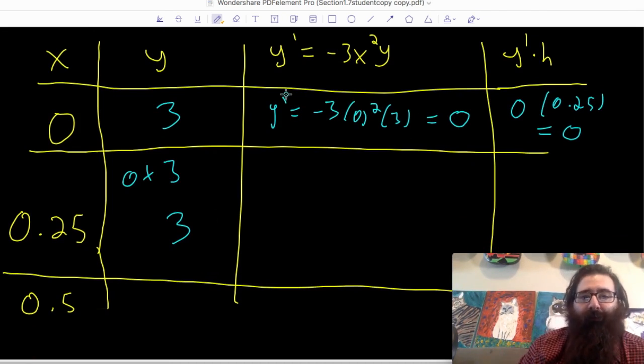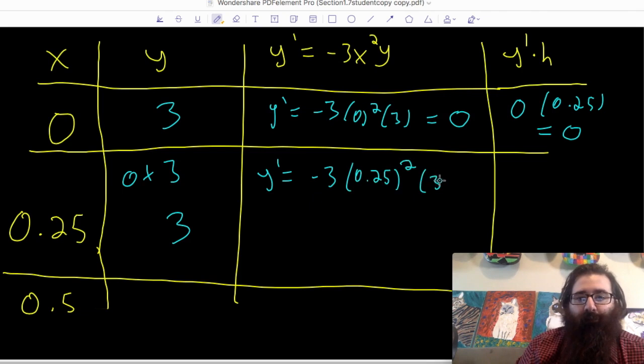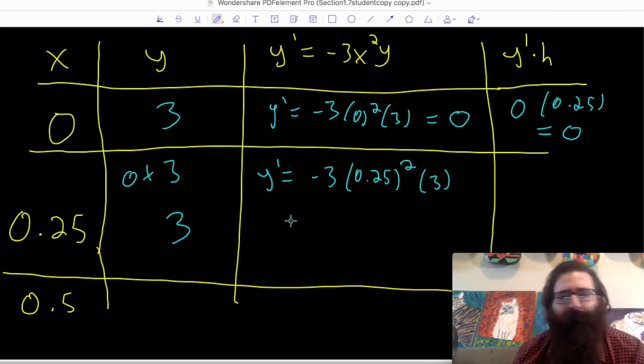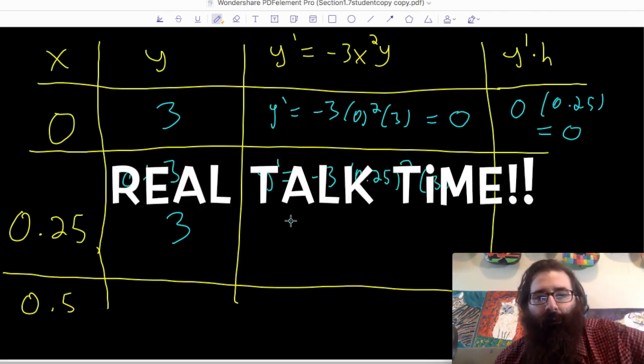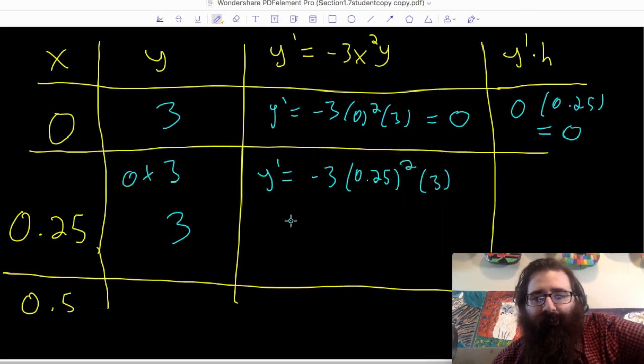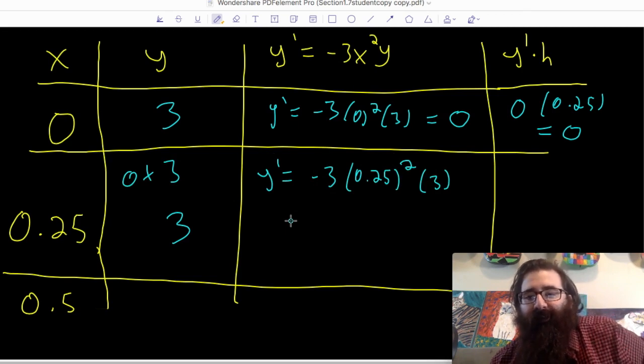Now when I go and plug into y prime, I'm plugging in 0.25 for x, I'm plugging in 3 for y. I get y prime is negative 3 times x squared, which is 0.25 squared, times y, which is 3. And let's have a bit of real talk right now. We're not allowed any calculators for the exams of the course. However, there are maybe some examples in the homework where you might want or perhaps need to use a scientific calculator to help out.